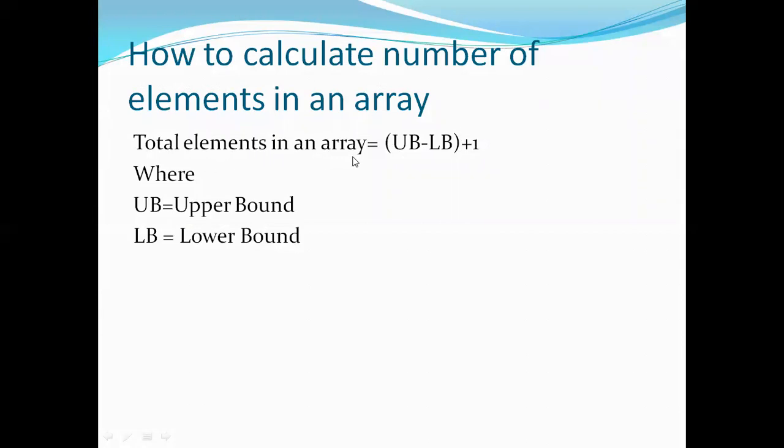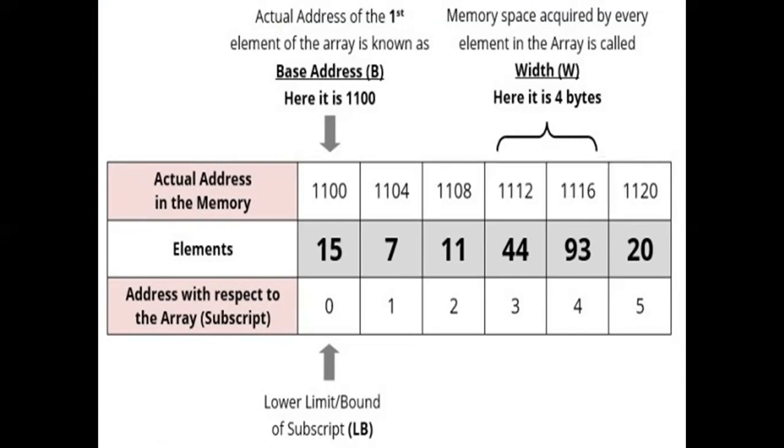Okay. So see here, if you want to calculate the location of any particular element, it is not possible manually if it is a big array. Suppose here 6 elements are there, so we can calculate manually. For the address, we need to know many more things before calculating it.